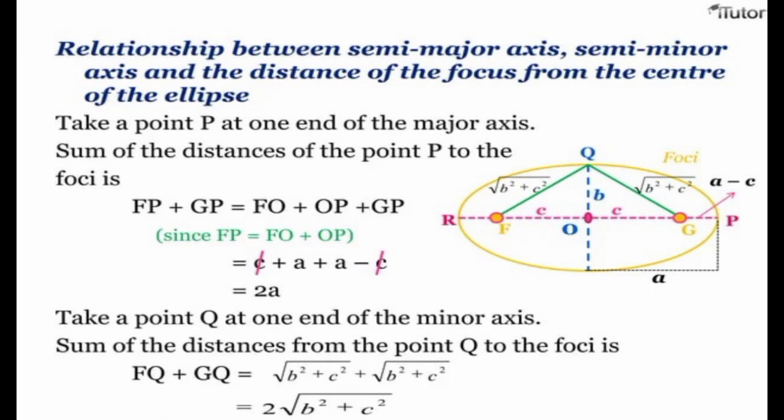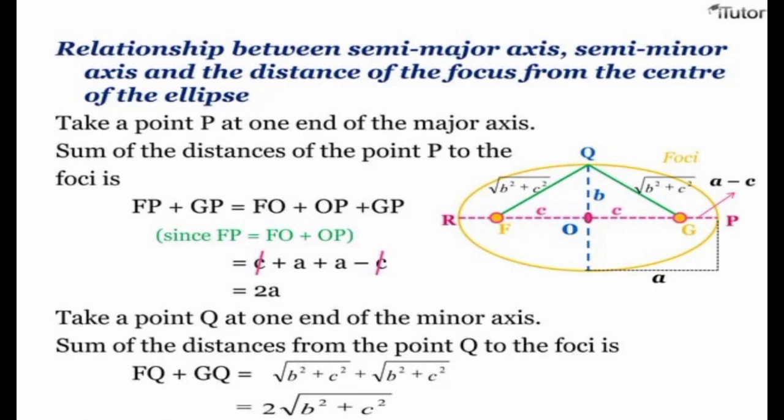The sum of the distances from the point P to the foci is FP plus GP, which is equal to FO plus OP plus GP, since FP is equal to FO plus OP, which is equal to c plus a minus c, which is a plus a, equal to 2a.